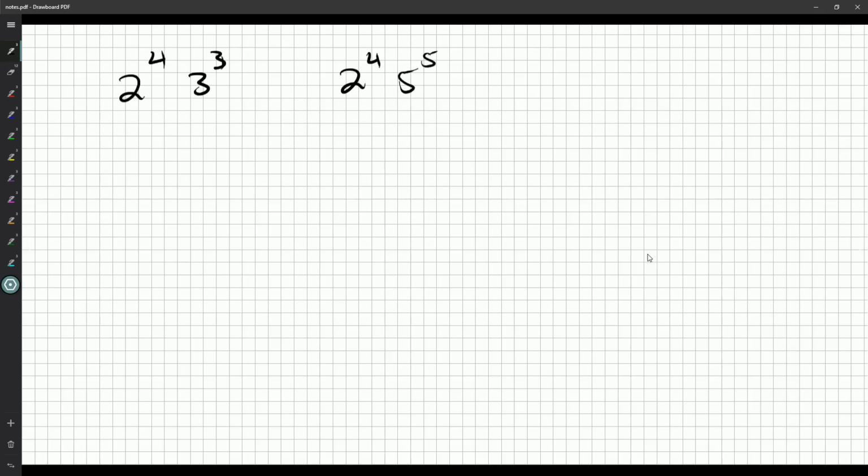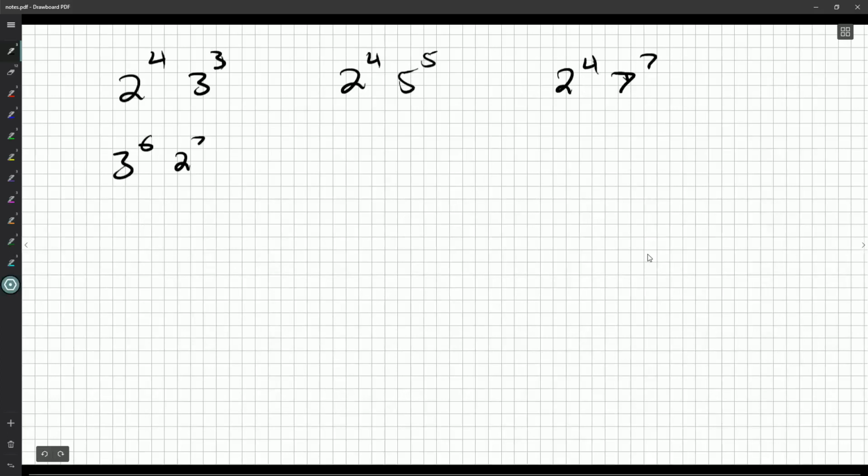So, could we have 7 to the 7? Absolutely. So 2 to the 4, 7 to the 7. How about 11 to the 11? Actually, 11 to the 11 is obviously too big. So that's it for those. But what if 3 is the one that's being doubled? So 3 to the 6, 2 to the 2. Yeah, that'll work. 3 to the 6, 5 to the 5.